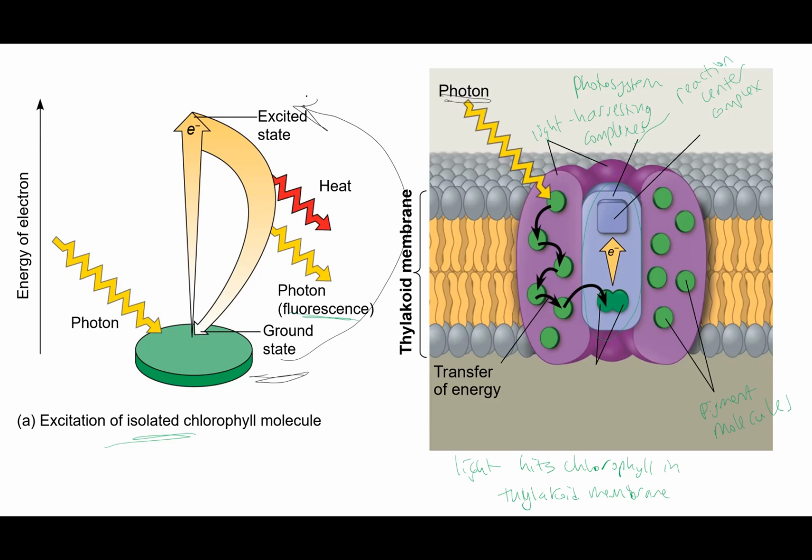So this energy is going to come in, it's going to excite that electron. That electron is going to transfer some energy, and it's going to bounce around, literally bounce around from one pigment molecule to another pigment molecule to another until it hits these special pigment molecules in the middle. So this is a special pair of chlorophyll molecules.